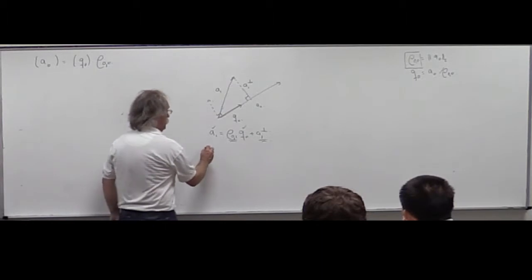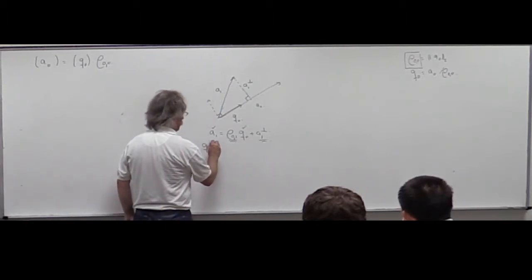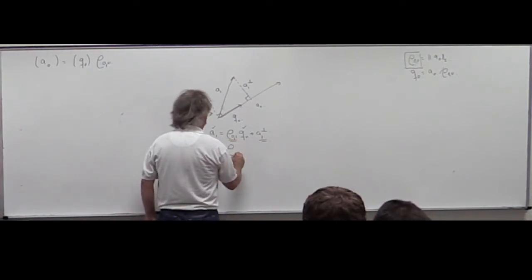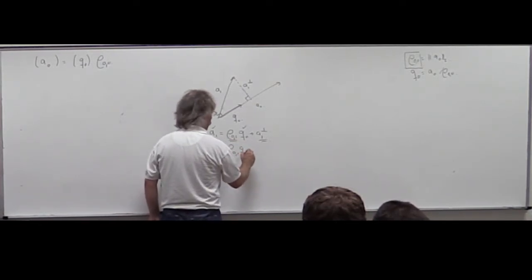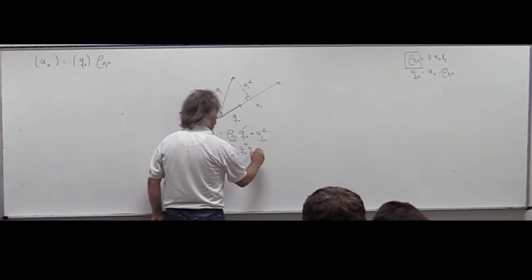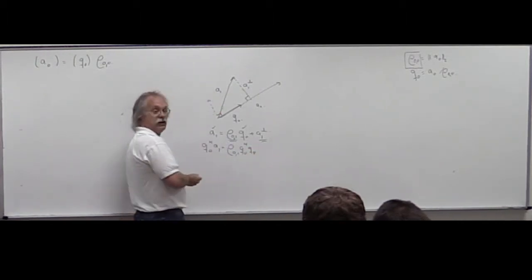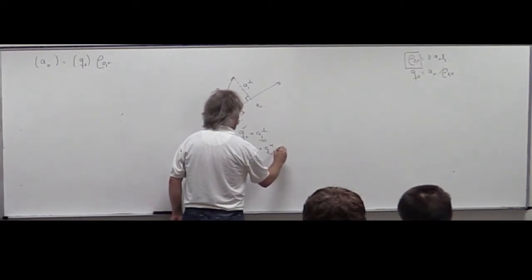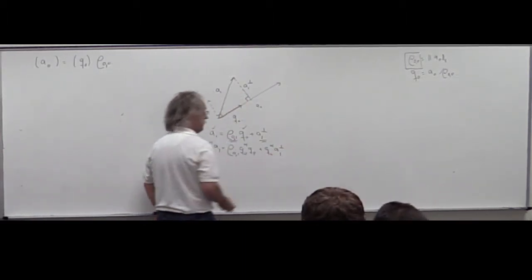So what we can do is we can say, well, Q0 Hermitian times A1 is equal to, and I'm just going to take a few shortcuts, this right here, because we can always bring a constant outside, plus Q0 Hermitian A1 perpendicular.